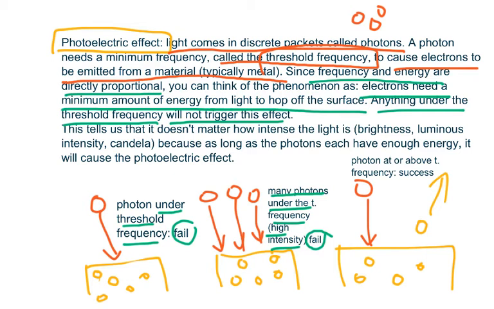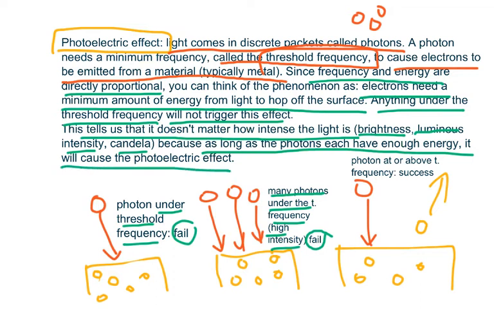So this tells us that it doesn't matter how intense the light is. The intensity of the light is the brightness of the light, or how luminous the light is, and it's measured in an SI unit called the candela, I think. As long as the photon has enough energy, it will cause the photoelectric effect.